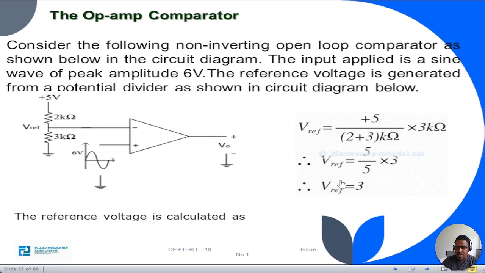This becomes our V reference of 3 volt. So the reference voltage is 3 volt, and our input is 6 volt. So that means our V out, whether positive or negative: if Vin is greater than V reference, that is positive saturation. If Vin is less than V reference, our output becomes negative saturation.